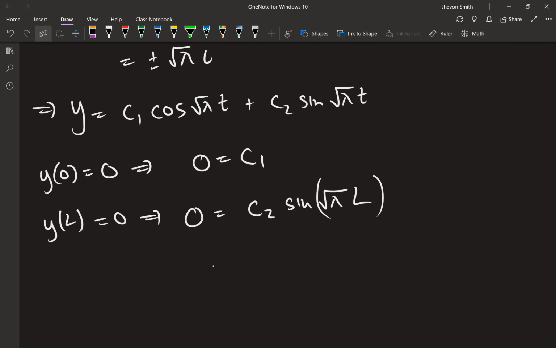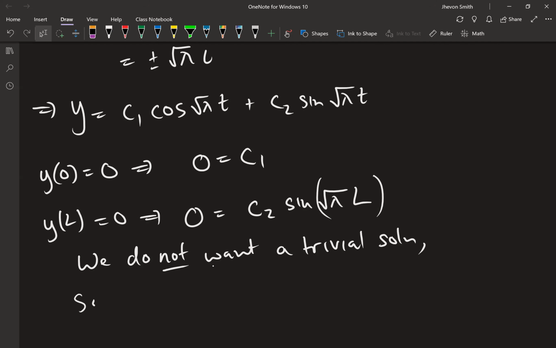All right, now, L is not necessarily 0, which means that the sine is not necessarily 0. So remember, we don't want C2 equals 0.